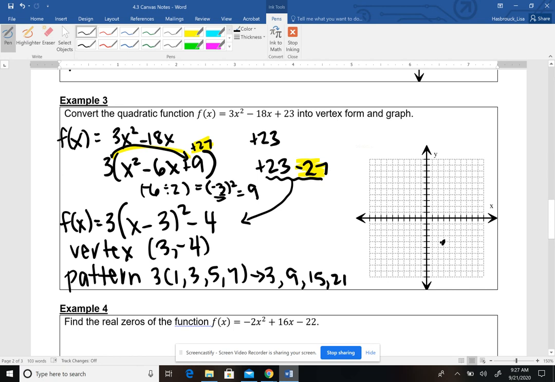Now I use my new pattern, right 1 up 3, right 1 up 9, and that's as far as I can go using that pattern on this graph. I'll do the same thing on the other side. So I go back to my vertex and I go left 1 up 3, left 1 up 9. And I connect my dots with lines and arrows. And that's it.